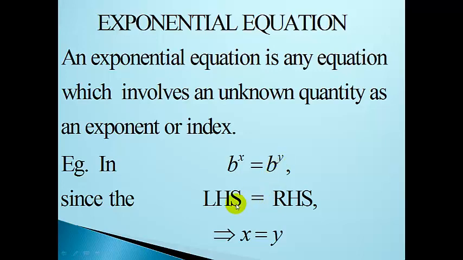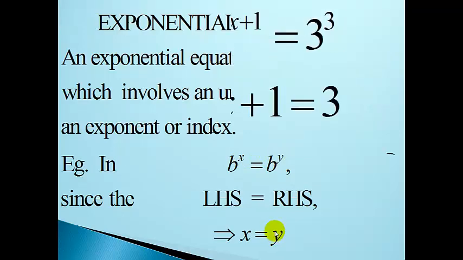So we can see that the left hand side is equal to the right hand side in terms of the base. So when the bases are the same, we can equate the exponents. So b raised to the power x equals b raised to the power y implies that x is equal to y. We are equating the exponents because the bases are the same. That's the exponent on the left hand side is equal to the exponent on the right hand side. That is the exponential equation.